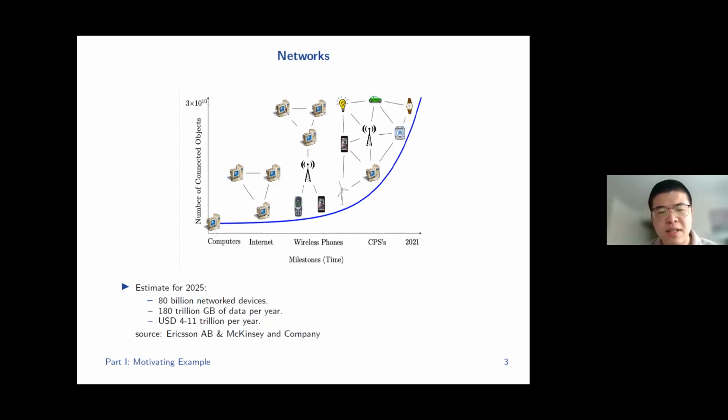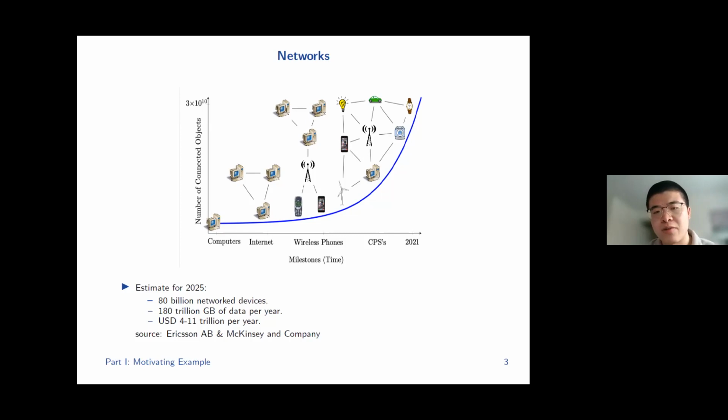And it is estimated that at 2025, there will be approximately 80 billion network devices, 180 trillion GB of data, and 4 to 11 trillion USD dollars involved with Internet of Things.